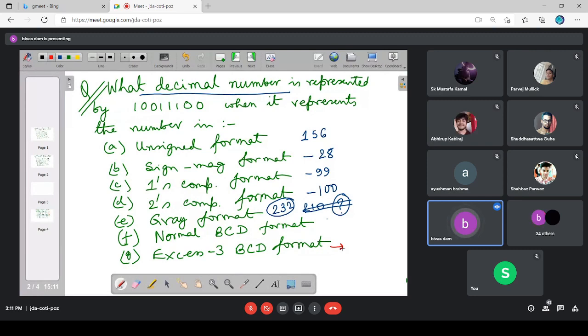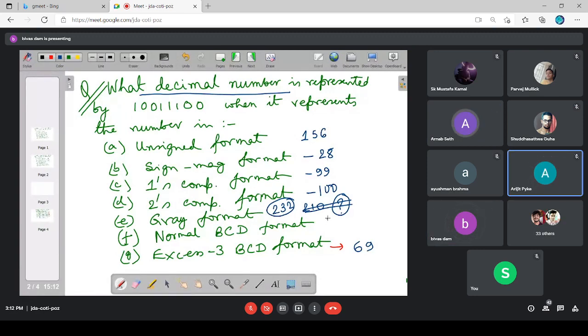What about this excess-3 BCD? So 69. Yes, sir, 69. Now what about normal BCD? It cannot be done, sir.